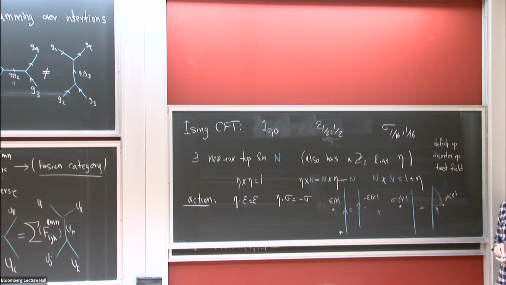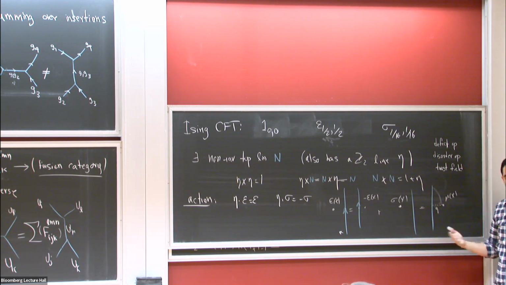Yeah, I had a question. So sigma and mu are mutually non-local, we know that, but isn't it a convention somehow? Which one is the local? Okay, very good question. The fact that they are non-local is exactly because of this line. Is there a convention? In this theory, I could gauge this Z2 symmetry, and it's known that the critical Ising model CFT is self-dual under gauging Z2.